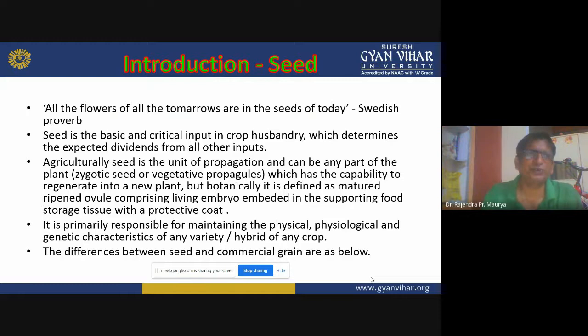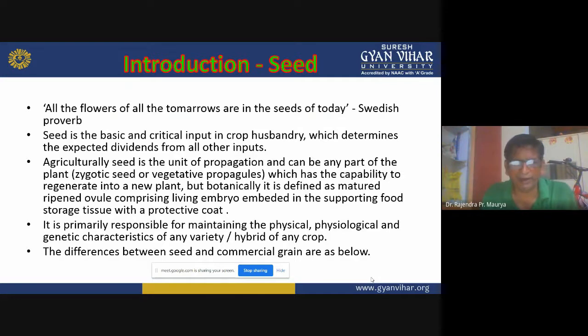That is used when the embryo germinates. So endosperm is helpful for the initial nourishment of the seedlings. And the third important part is the protective seed coat, which protects the embryo from external damage. So botanically, a seed has three important parts that I already mentioned: embryo, endosperm, and seed coat.